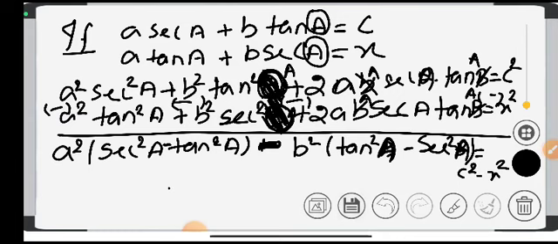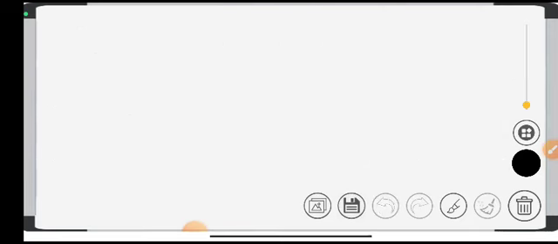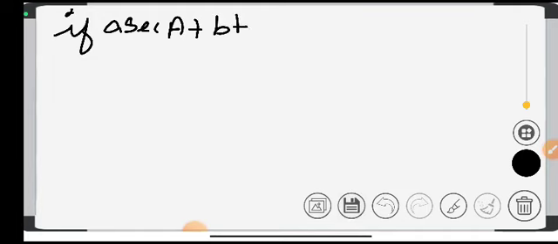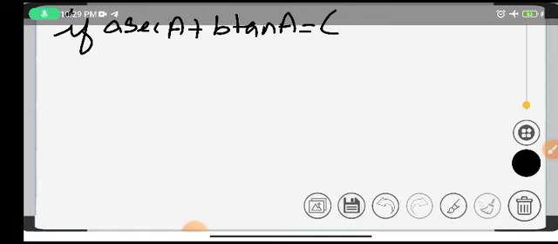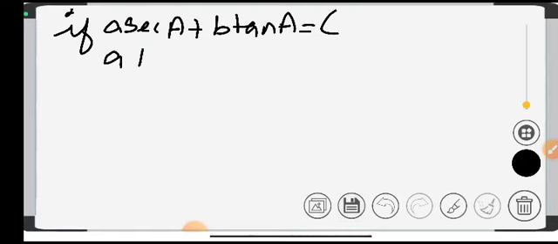Everyone, let's rub it and do it again. If I write a sec a plus b tan a is equal to c, and the next one, a tan a plus b sec a is equal to x.